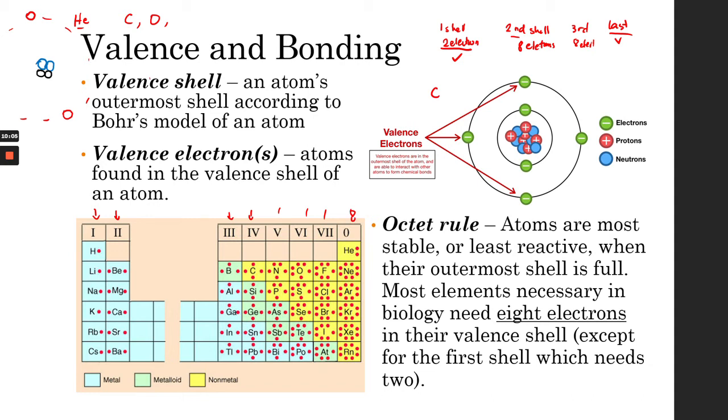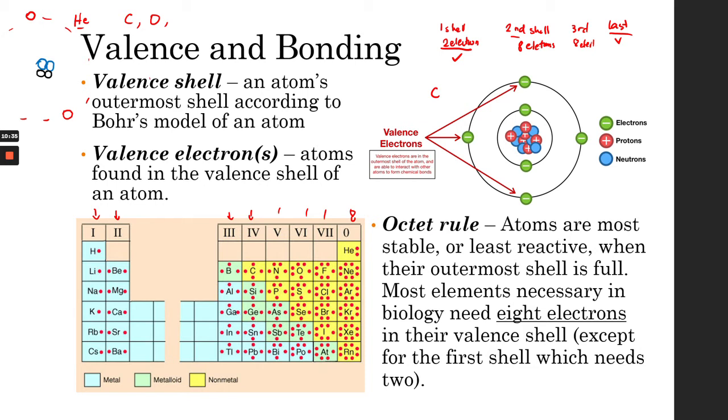Everyone in group 1 has one electron in their outermost shell, so they all have one valence electron. Group 2 has two valence electrons. Group 3 has three valence electrons. Carbon here has four electrons in its valence shell, and so on and so forth. This is how you identify how many valence electrons an element has.